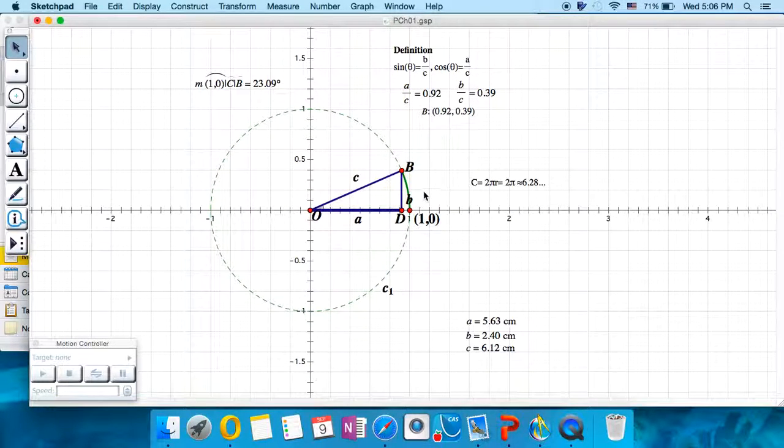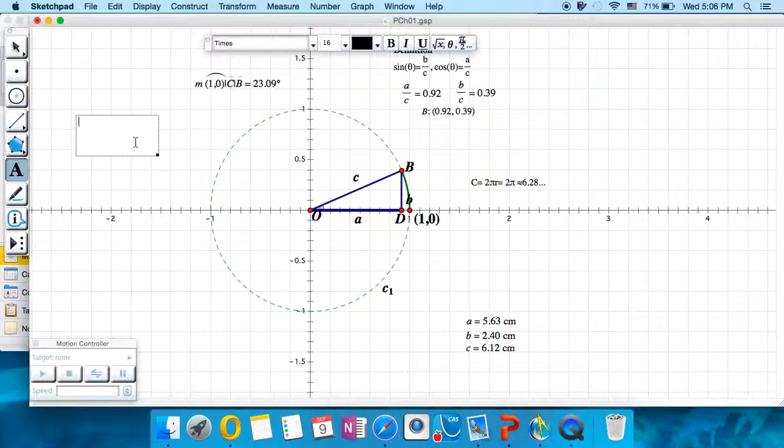Now, let's understand the arc length first. If you go all the way around, that's 2 pi radians, and the degree will be 360 degrees.